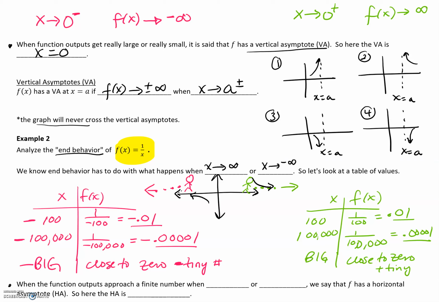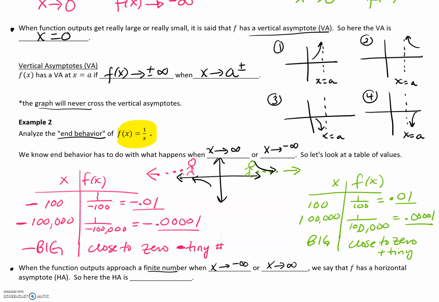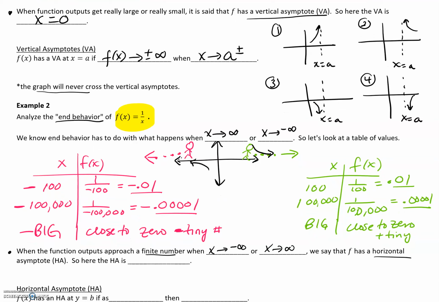So basically, we say when the function outputs approach a finite number when x goes to negative infinity or x goes to positive infinity, that function has a horizontal asymptote. We call it HA, we abbreviate it. So in this problem, there's a horizontal asymptote at y equals 0, because as I walk over, the y values approach 0.